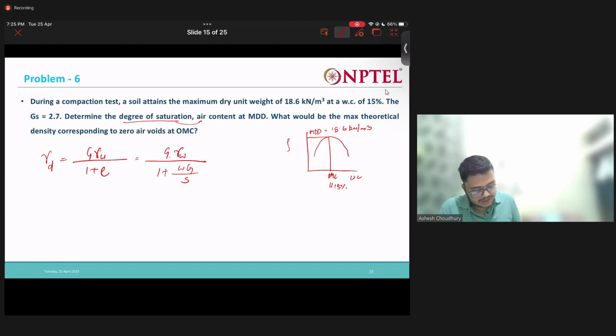S is generally less than 1. So if S is equal to 1, we get the theoretical maximum value of dry density.